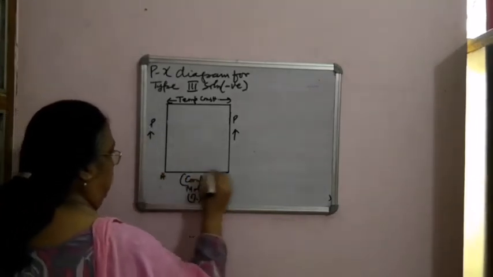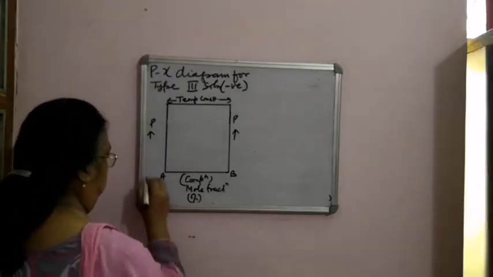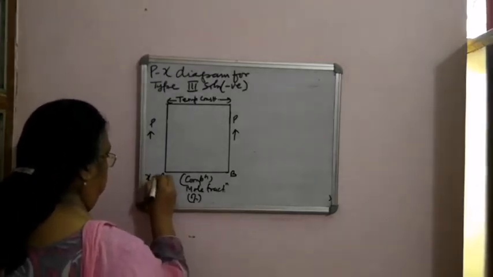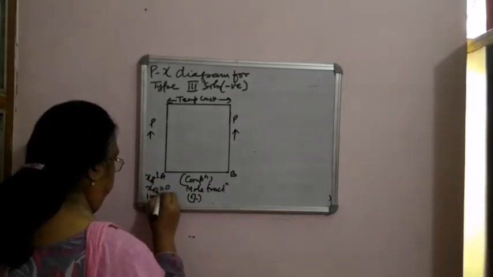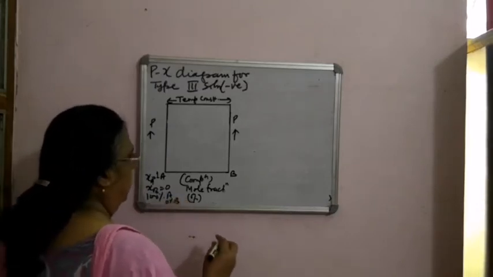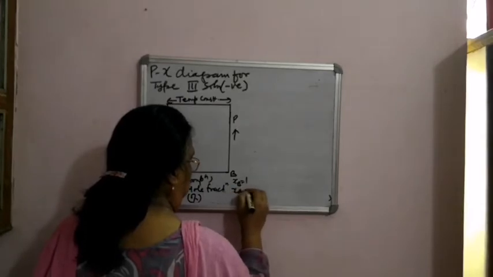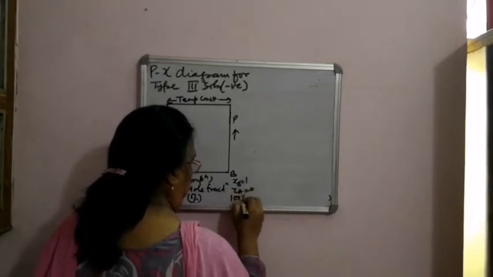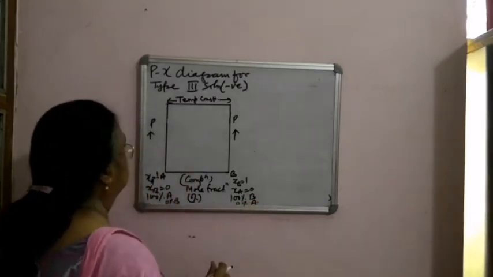Here component A, here component B. Here mole fraction of A is 1, mole fraction of B 0, 100% A and 0% B, and here XB is 1, XA is 0, 100% B and 0% A.